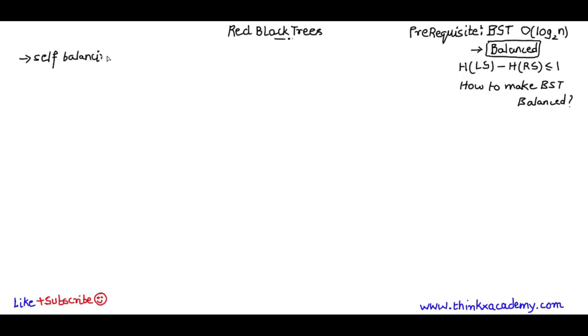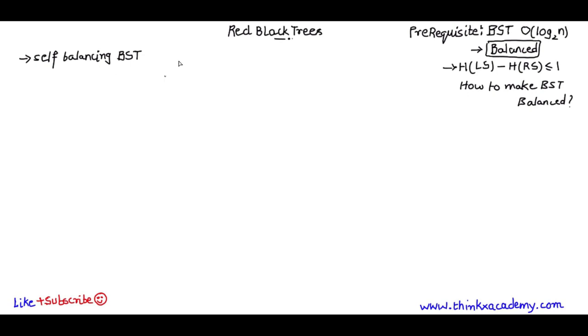This means that whenever you perform an insertion or a deletion operation in this data structure, it will automatically balance itself, and we know the meaning of balance here. It will automatically maintain this balanced state even if you insert or remove some elements from this data structure. So how does that magic of self-balancing work?